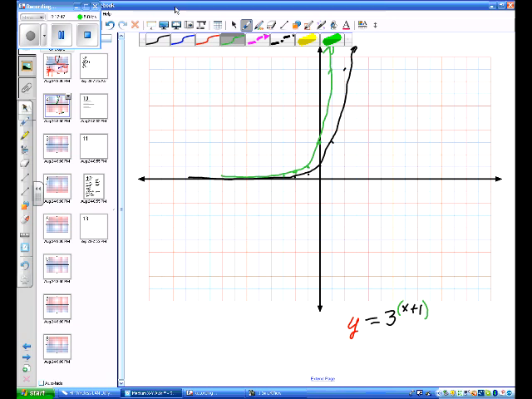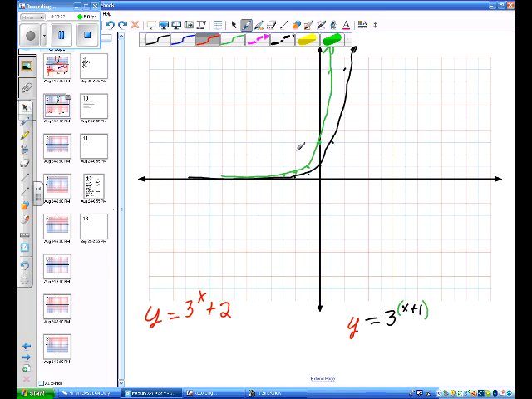Okay, let's take this one. I'm just going to leave those up there. And let's do the equation y is equal to 3 to the x plus 2. Now, if you remember what this number does is it moves it up or down. Since it's a positive, it's going to move all of our points up 2. And I should be going from the black graph because that was our parent function. So let me go back.